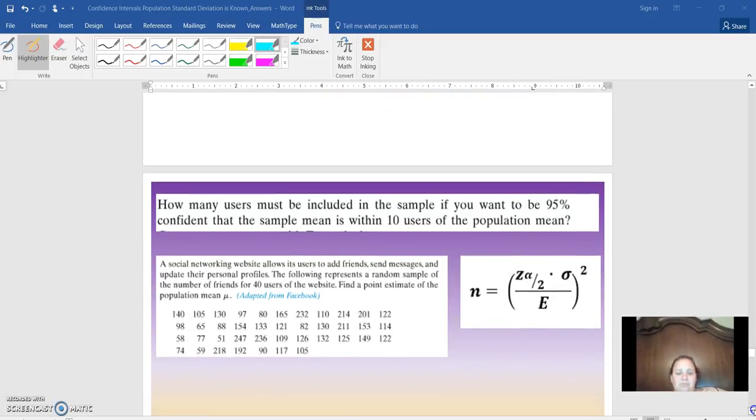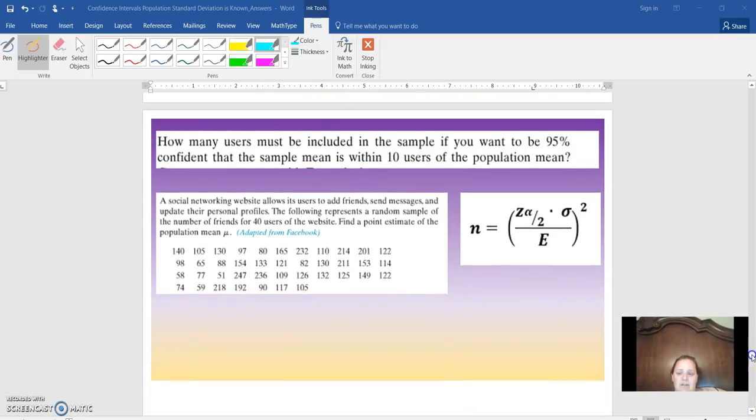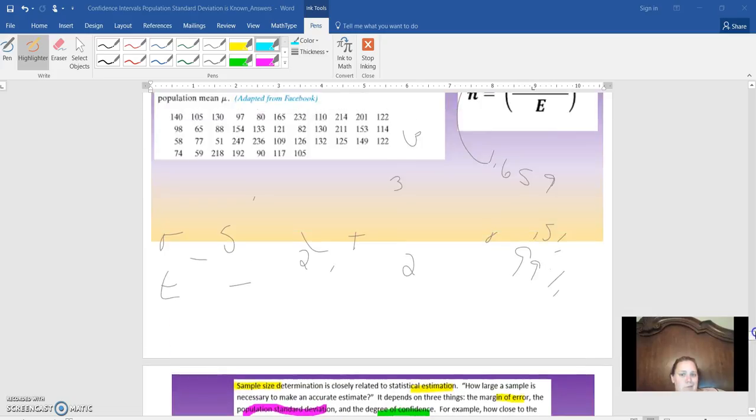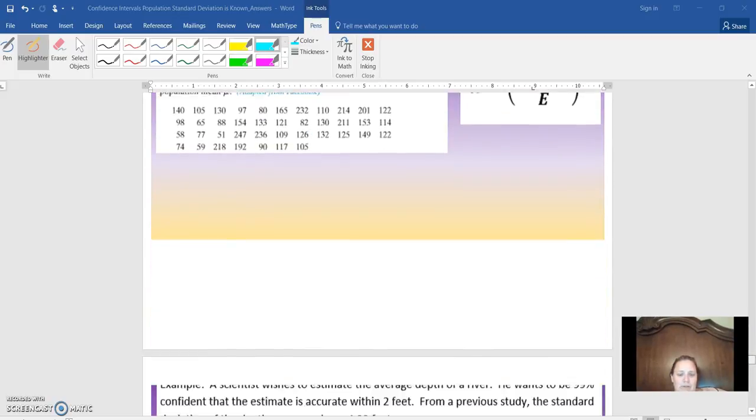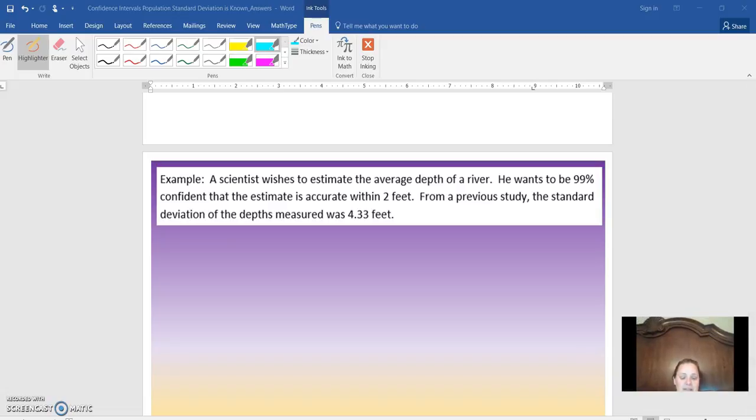So here we are. We just did that one, right? 95, yep. Let's do another one. Alright, so a scientist wants to estimate the average depth of a river. Rivers are really long. They don't stay the same depth, so you have to take lots of measurements.